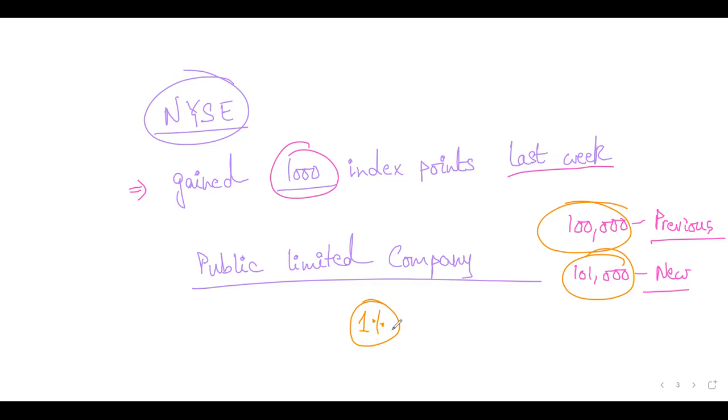But there will be a couple of companies for which the share prices decreased, and there will be a couple of companies for which share prices increased by more than 1%, and a couple of companies for which the share price increased by less than 1%. But it's an aggregate. It's just like saying that when I say the inflation rate in Pakistan last month was 10%, does that mean that every product increased by exactly 10%?